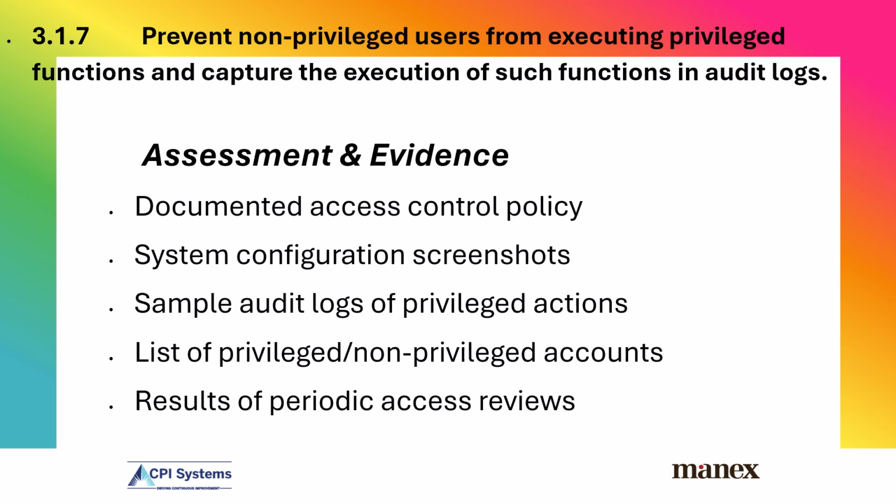And of course, the list of privileged and non-privileged account users. And remember, results of periodic access reviews. There needs to be periodic audits and reviews. Prepare these artifacts for assessment. Assessors will want tangible proof that controls are in place and effectively enforced. And you'll need information like this to manage and maintain your system properly.